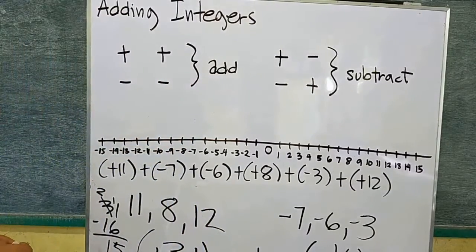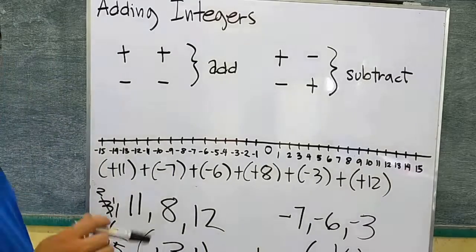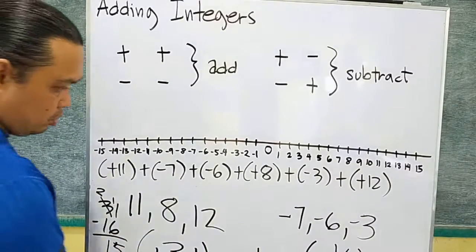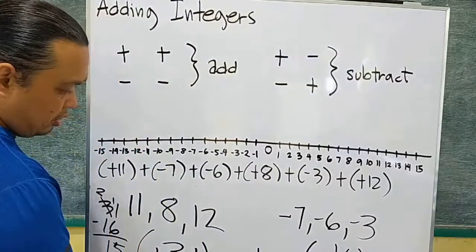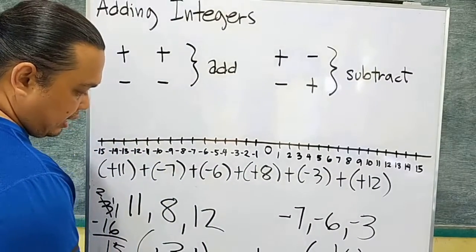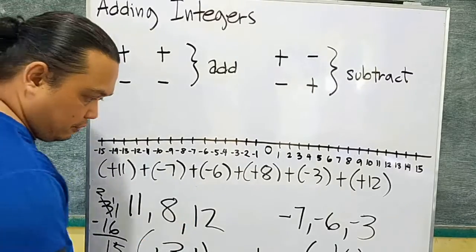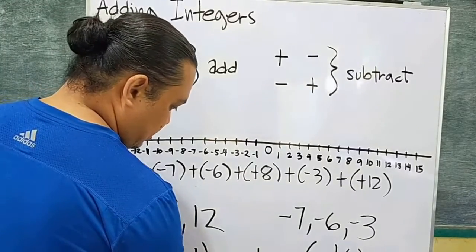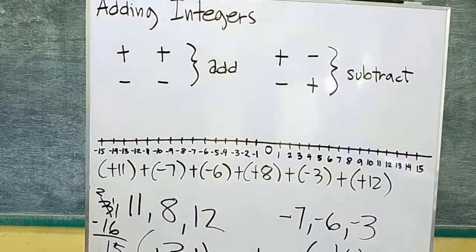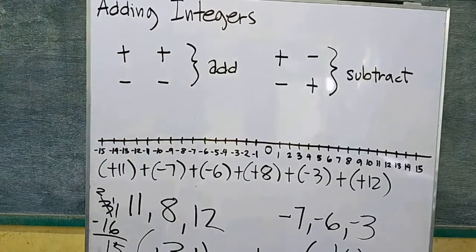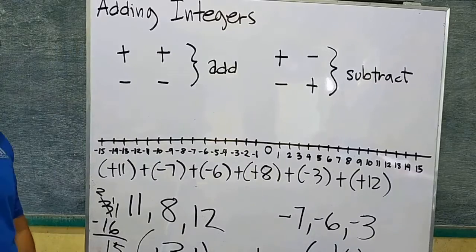And copy the symbol with the number that has the greater value. Between the two of them, 31 here is the greater value. And the sign of 31 is positive. So therefore, 15 here will be positive. Okay? So we have positive 15 for our answer.